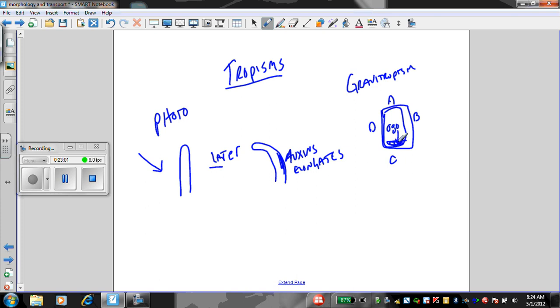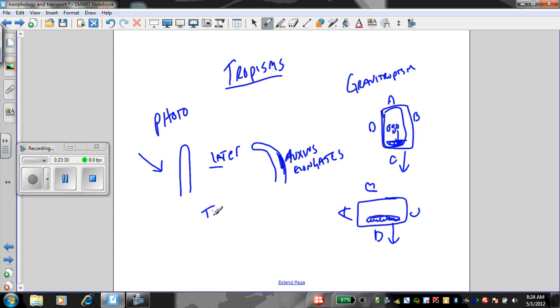The auxins will collect down here and cause the cell to grow downward. If we turn the cell so that it is now on its side, those statoliths are going to start congregating down here. The auxins will distribute down here and cause the cell to divide and grow downward. So regardless of which way the plant turns, you'll see that response.